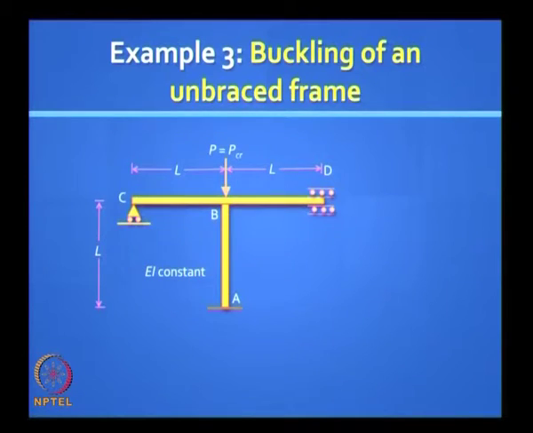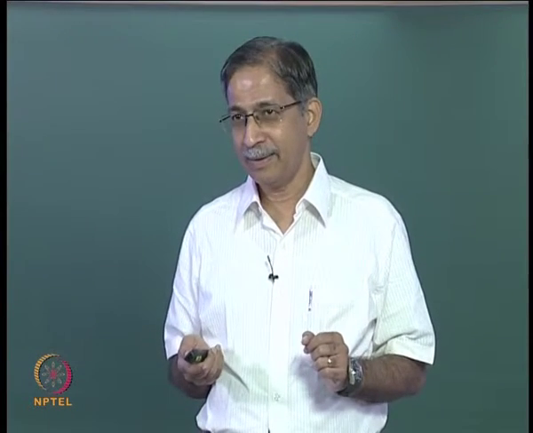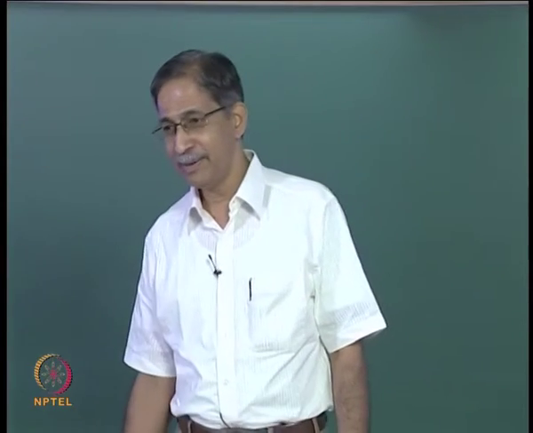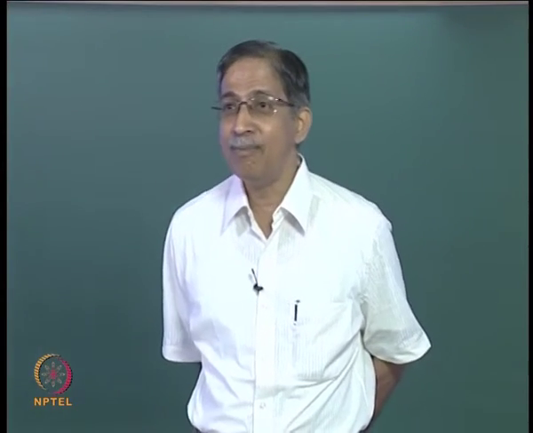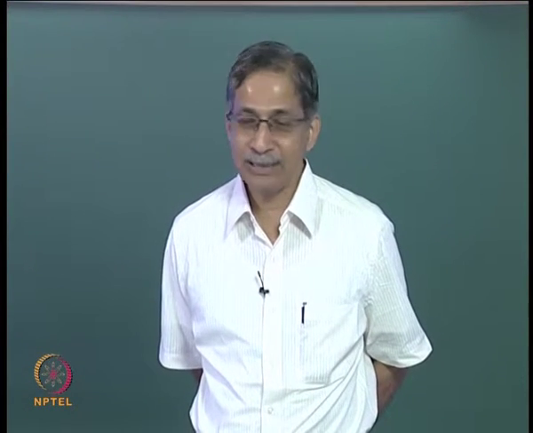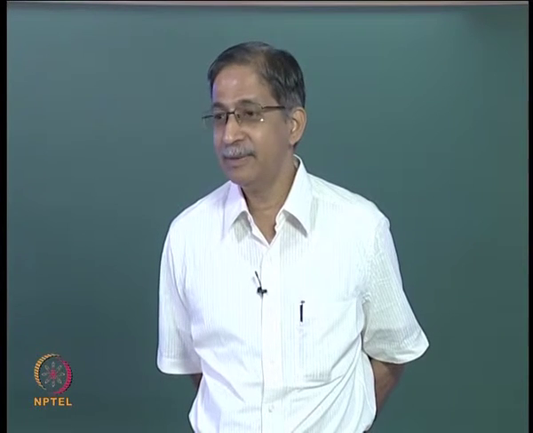Okay, let us take another problem, buckling of a frame now. We are switching from continuous beam to frame. So far so good, you are getting some idea of what we are talking about. So now, let us guess the solution. You have now a T-shaped frame, it is fixed at the base A, but mind you the top beam can roll, so it is unbraced, it can move sideways, it has got rollers.